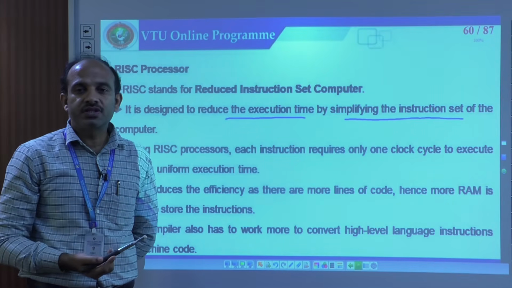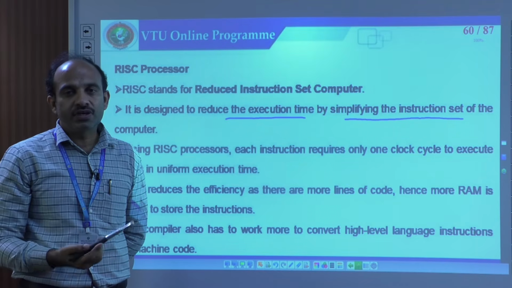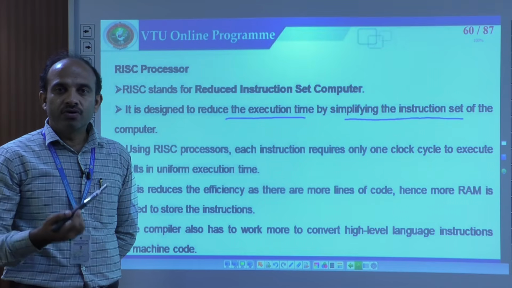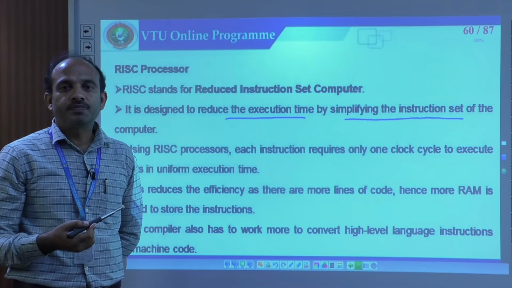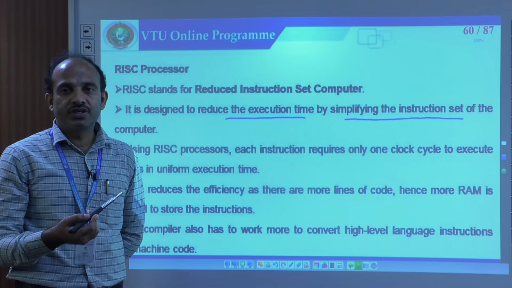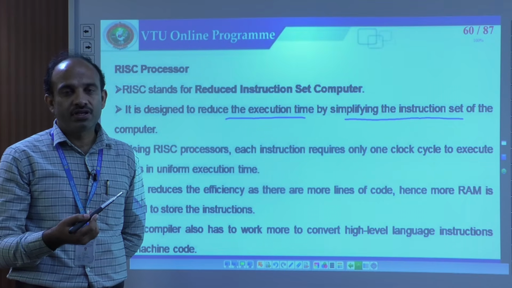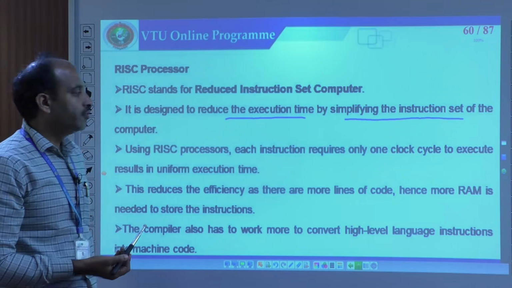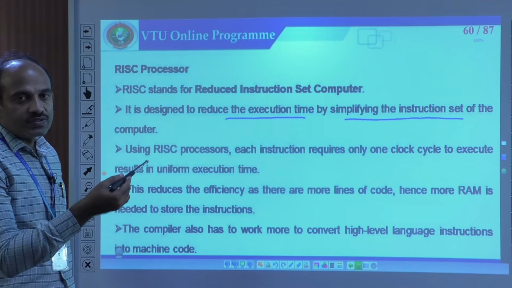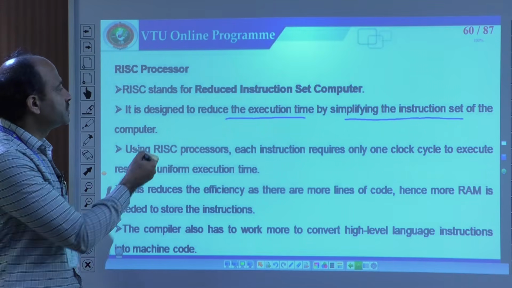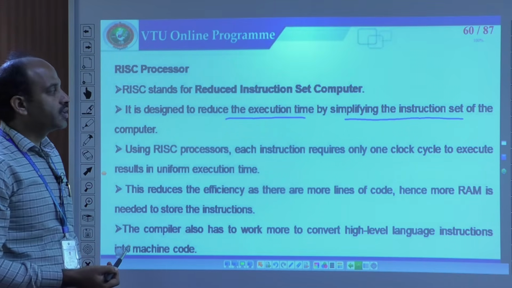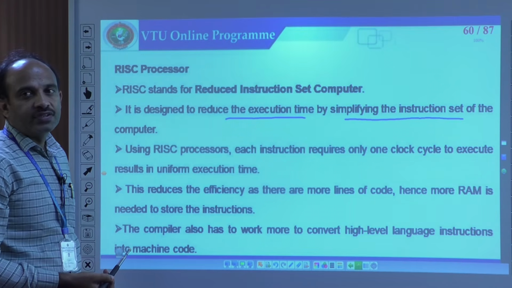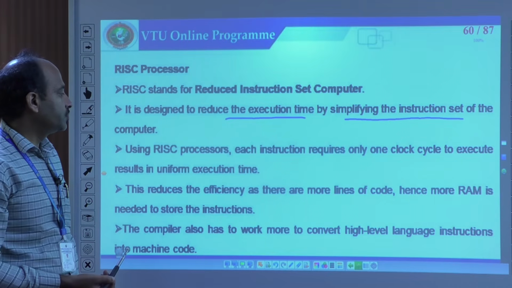If your instruction set is not so simple, then obviously your execution time will be more. So the purpose here is to reduce the instruction set. Once you reduce the instruction set, your execution speed also improves. That is the concept: it is designed to reduce the execution time by simplifying the instruction set of the computer.